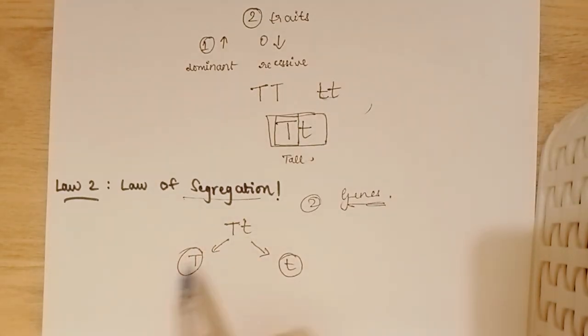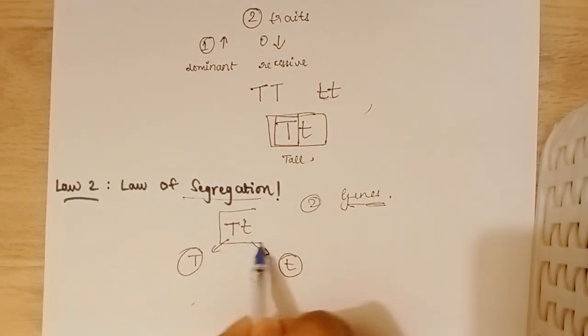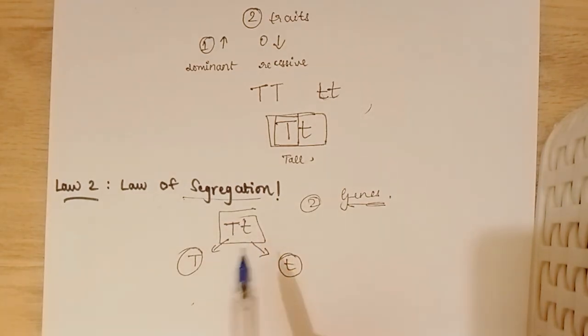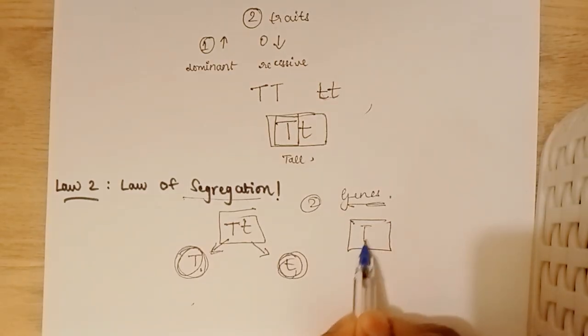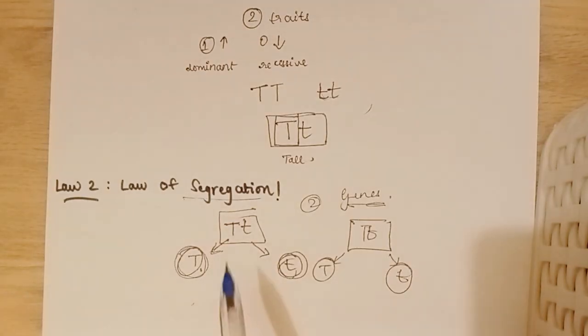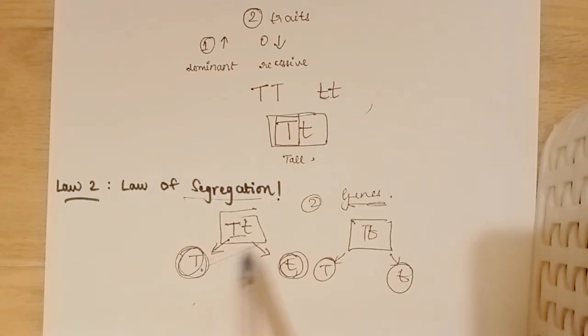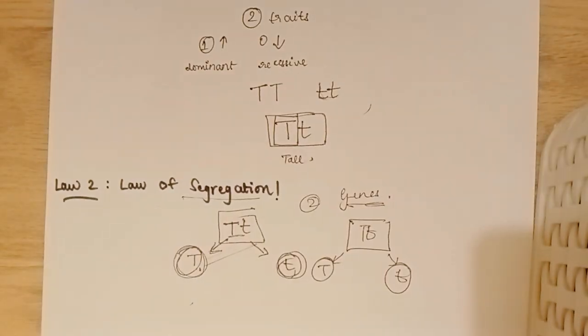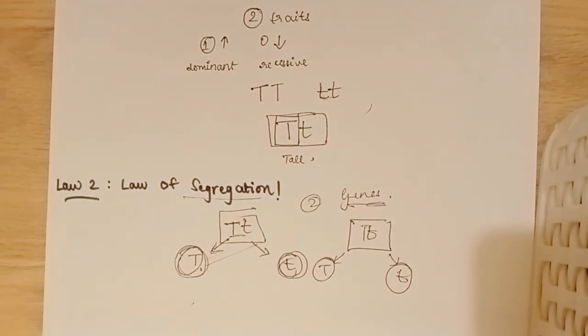If this is one of the parents, then it will only give one gene, either T or small t, to the offspring, and the other parent will give one of its genes. This is how an offspring is made, and a parent can't give two of the genes together to the offspring. And that is Mendel's law of segregation.